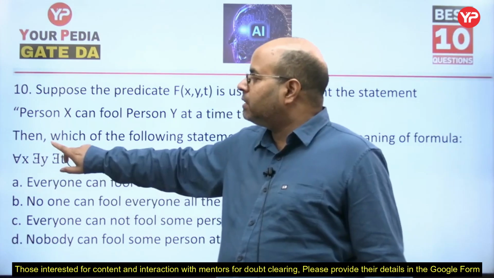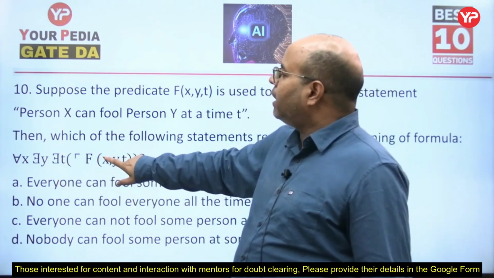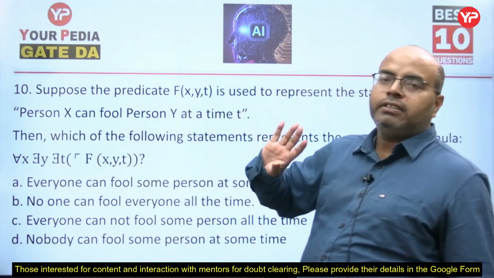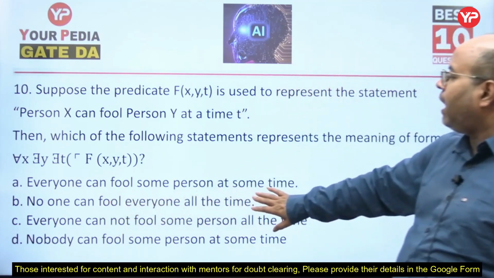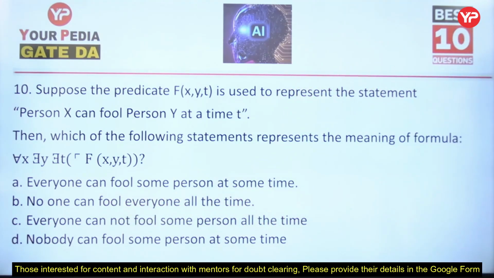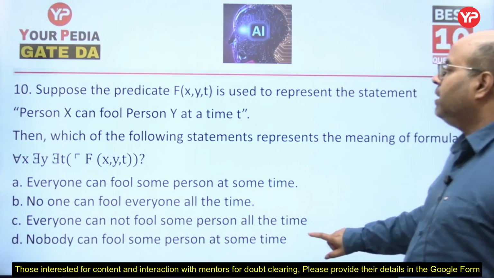There exists a person x such that he can't be fooled at some time t. That is coming to be, no one can fool everyone all the time. Everyone cannot fool some person all the time, that is not the meaning.